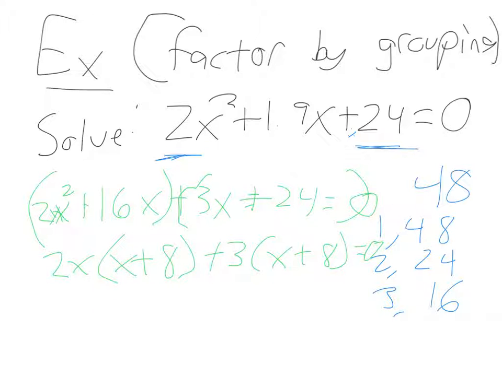Now since both of these terms have an x plus 8 in common, if you factor out the x plus 8, you're left with 2x for the first term, and for the second term you're just left with 3.